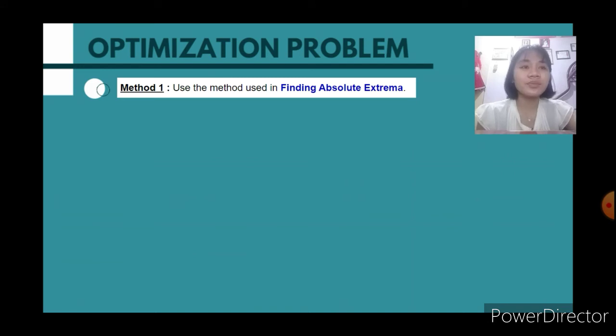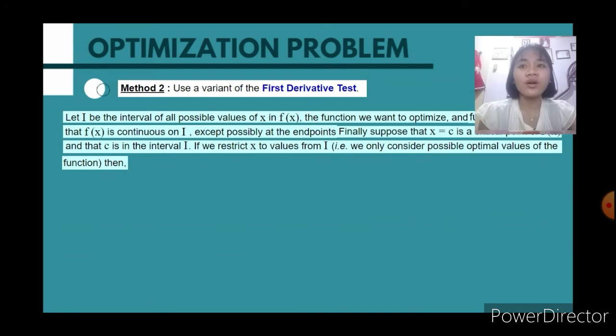So, next. Okay. The explanation presented in your screen is the summary kung paano natin gagamitin yung method na first derivative test.